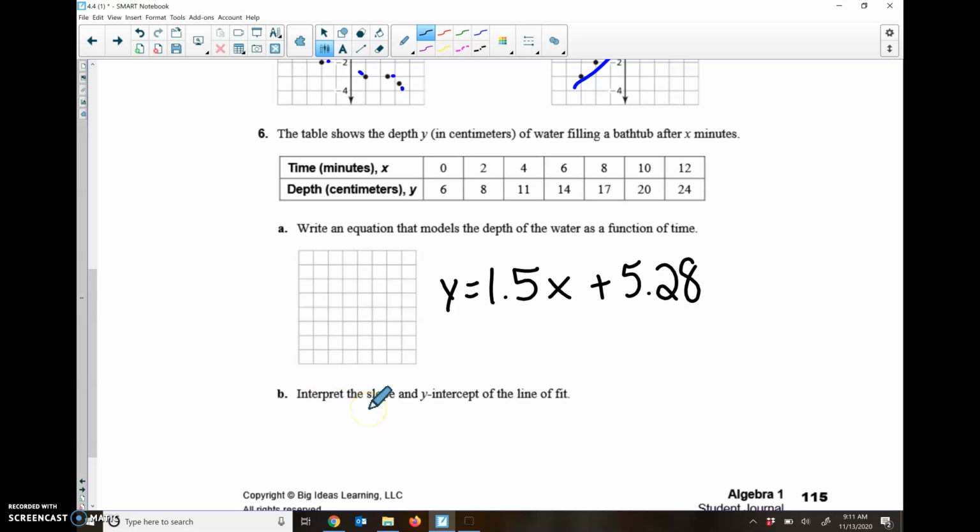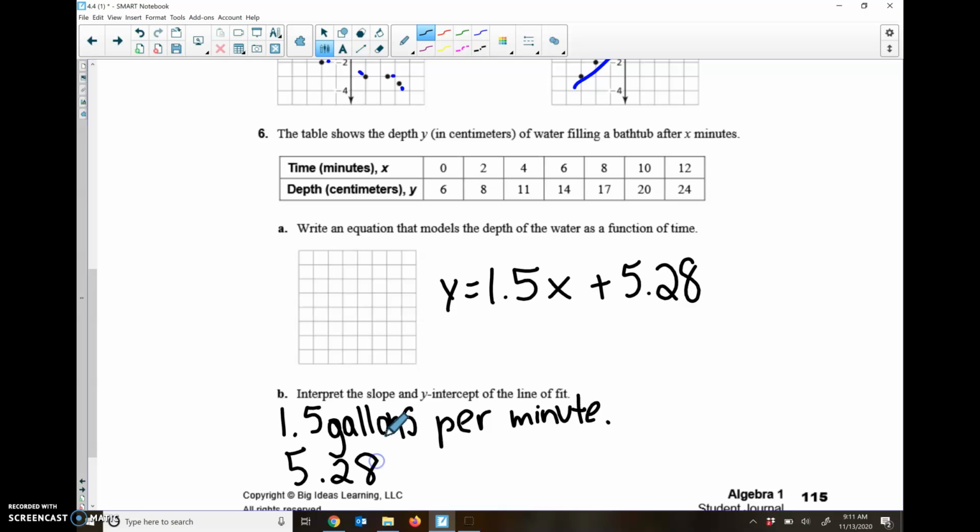So interpret the slope and y-intercept. So this means the bathtub fills up at about 1.5 gallons per minute. Or not gallons, sorry, we're talking about centimeters. 1.5 centimeters per minute.